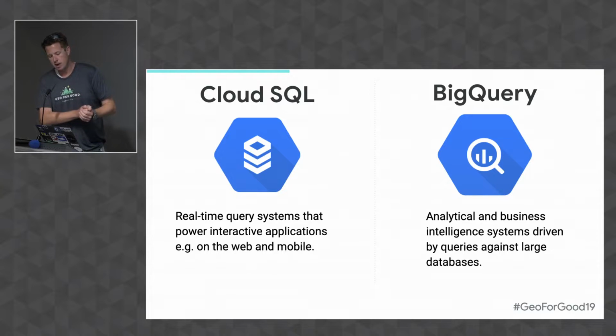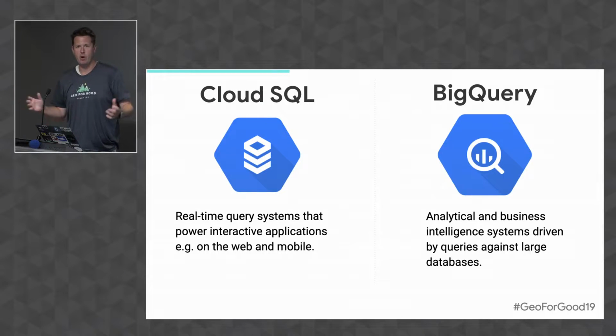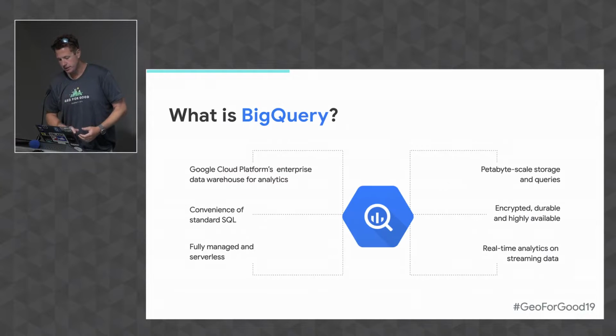Super fast, scaled queries. BigQuery is more of the OLAP type queries. I need to do a gigantic spatial join of all the flights flying over the United States with census tracts, and I need it pretty quickly, but not instantly. So think about BigQuery as a data warehouse, and we've added GIS analytics to it.